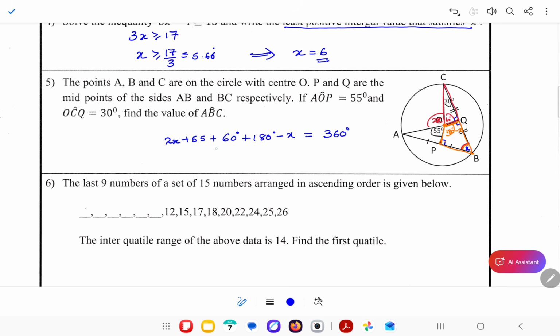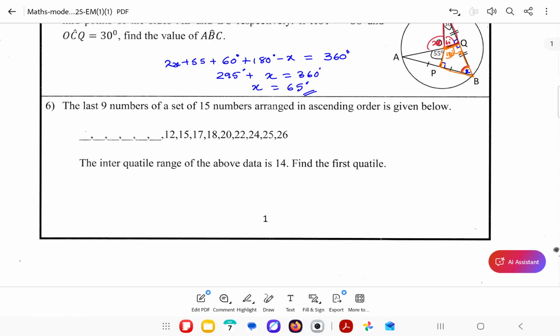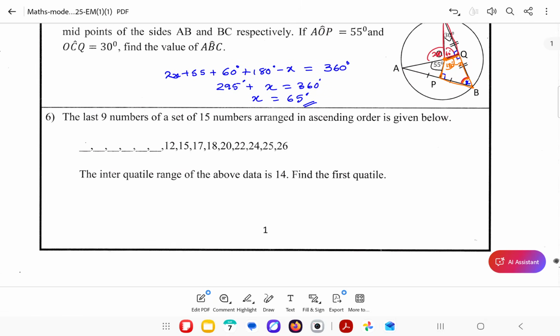We have 295 plus x equals 360, and the angle we want to find is then 65 degrees. So here we use some properties of triangles, quadrilaterals, and some circle theorems to get the answer.